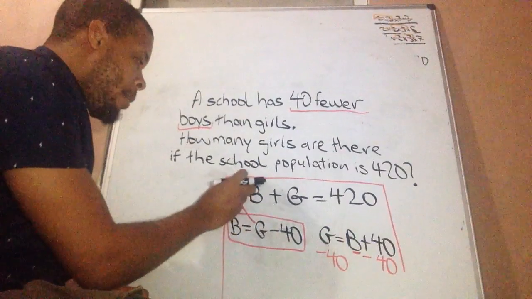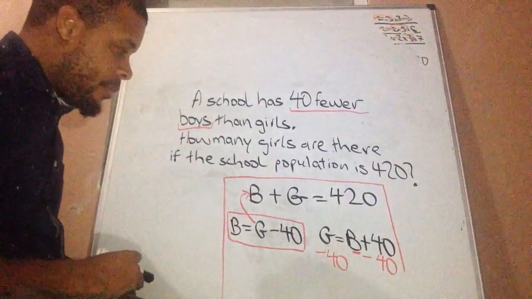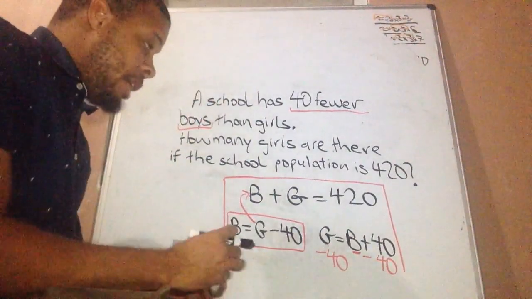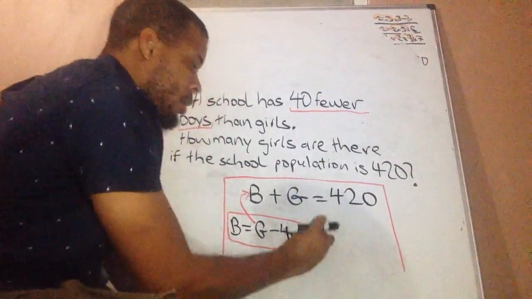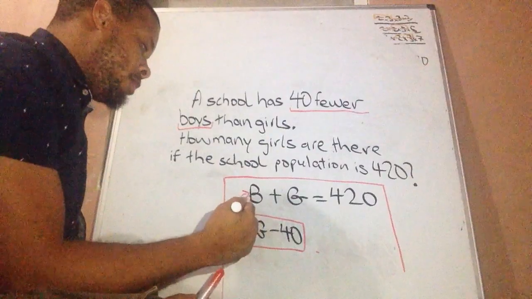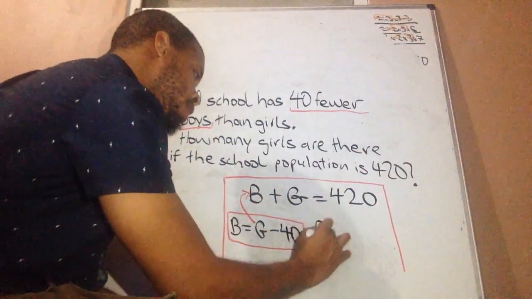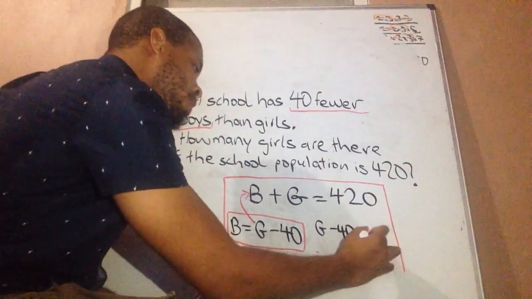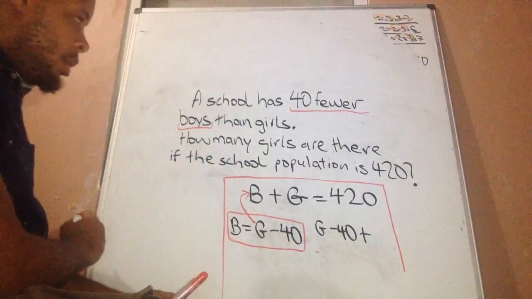So the G minus 40 is going to replace that B. So let's do that and see what happens. So we're going to have G minus 40 plus, okay, maybe I'm running out of space here. Fine.